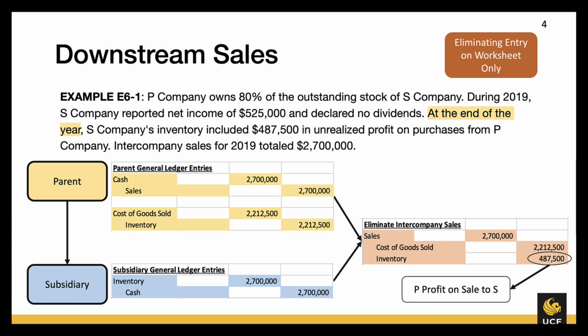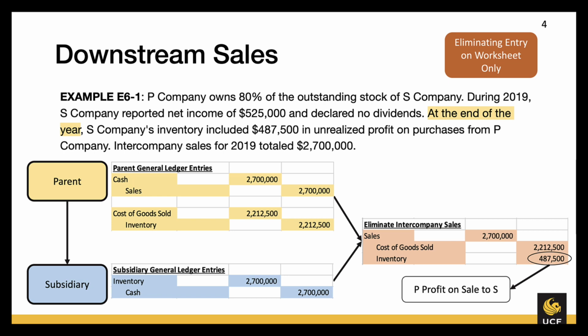We don't really care about the cash because the cash is going to be added into our consolidated balance sheet, whether it's on the parent's general ledger or the subsidiary's general ledger. It's all going into the same place on our consolidated balance sheet, and we want that cash. So that part's fine. However, the inventory in the process of this transaction has increased in value from what it was on the parent's books at the 2.2 million up to what it now is on our subsidiary's books at 2.7 million.